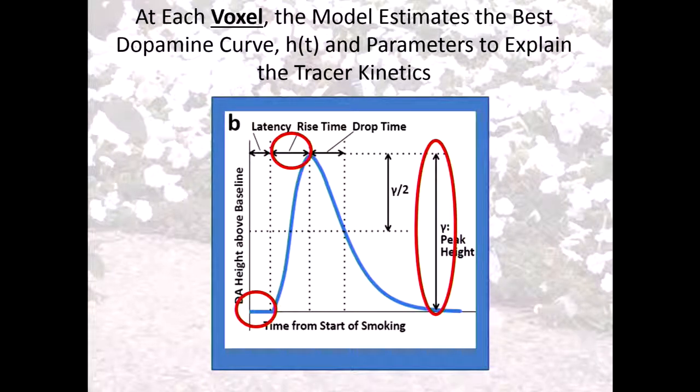It estimates parameters related to the tracer kinetics, but what we really care about is that it also estimates a curve in time, which is the dopamine response, that fast, transient thing, due to whatever stimulus we're applying. And this curve is characterized by parameters. There are timing parameters like the takeoff, and there are magnitude parameters like the peak height.